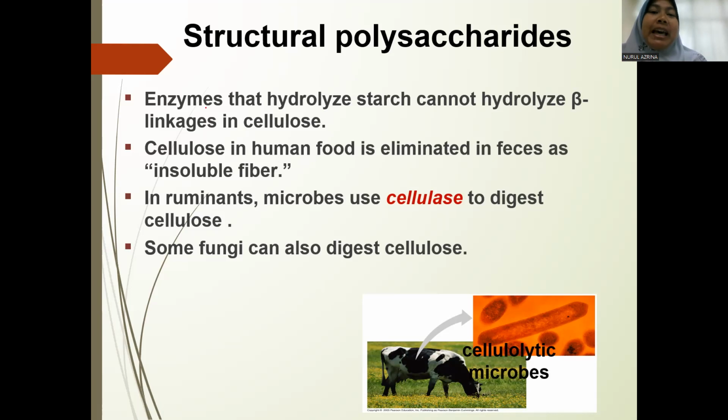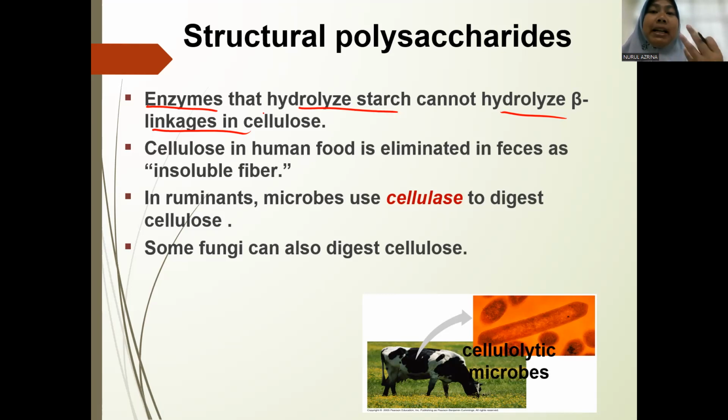So, enzyme that hydrolyze starch cannot hydrolyze the beta linkage in cellulose. So, bila kita makan nasi, beras ialah kanji. So, enzim yang memecahkan ataupun mencernakan kanji tak boleh mencernakan beta linkage of cellulose. That's why bila kita makan nasi, tak adalah dia keluar jadi nasi balik kan, sebab dia dah dicernakan.